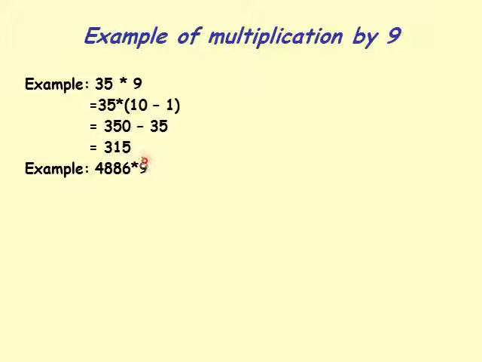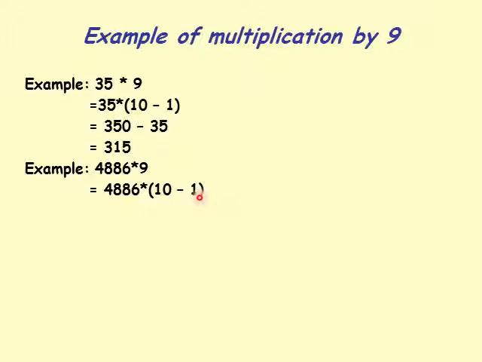Another example, 4886 times 9. Again, we will complete 10 from 9, and we will replace 9 by 10 minus 1 like we did before. So that's equal to 4886 times (10 minus 1).